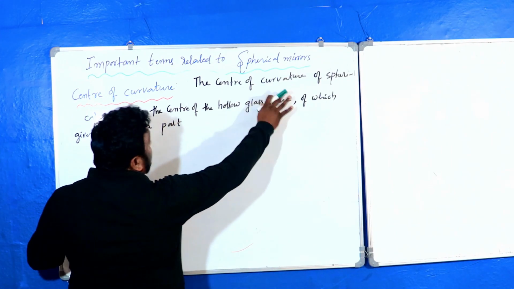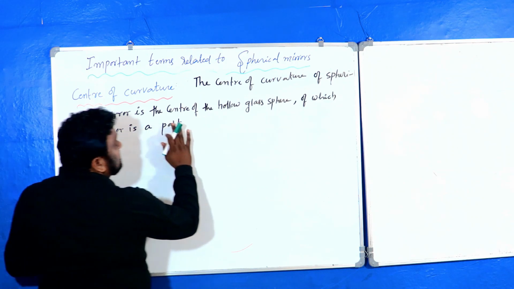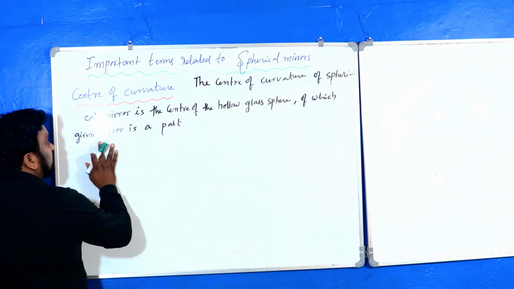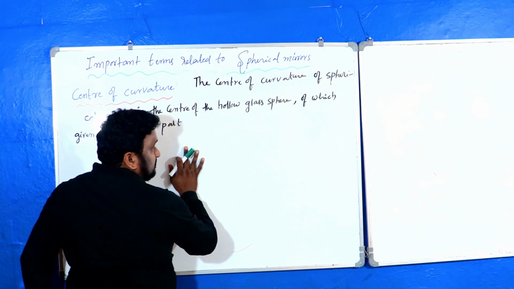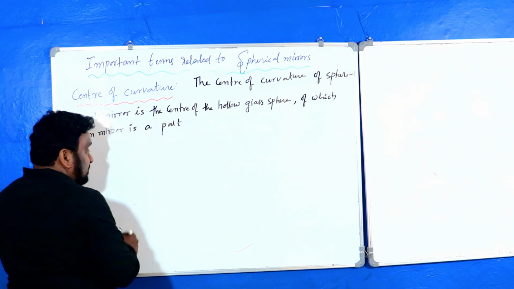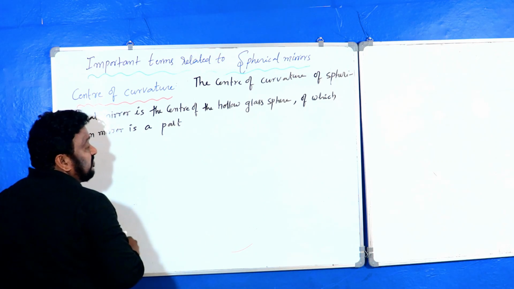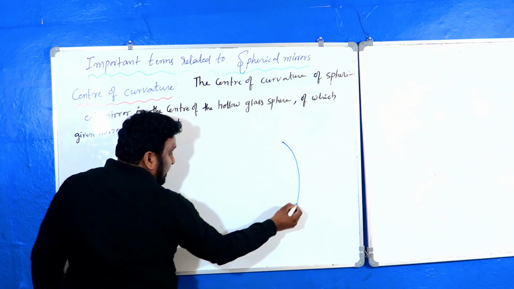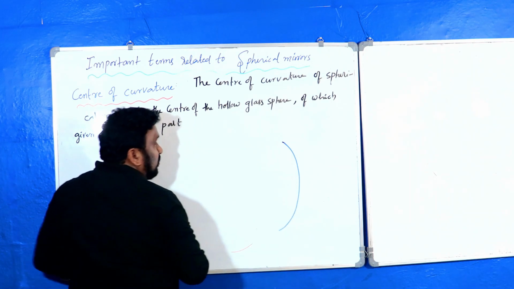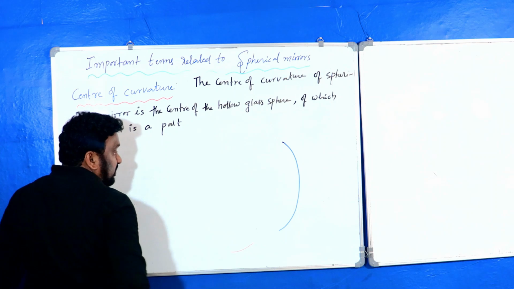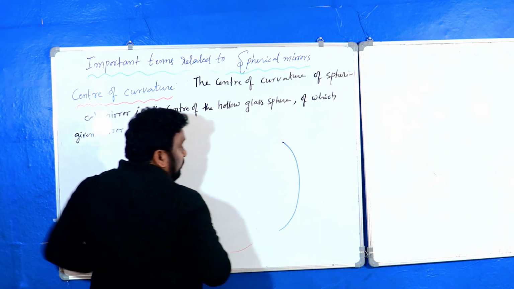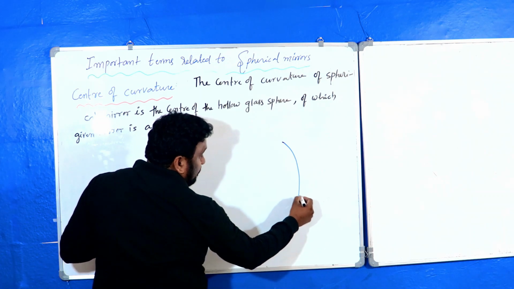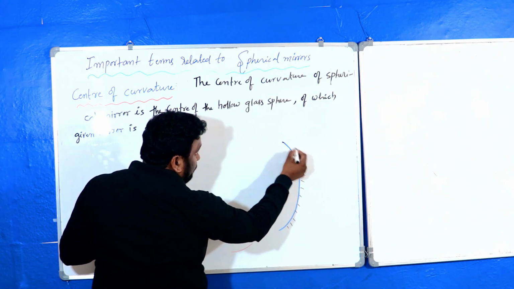So now, what is center of curvature? The center of curvature of a spherical mirror is the center of the hollow glass sphere of which the given mirror is a part. So dear students, for example, take a concave mirror, where the non-reflecting surface is outward.